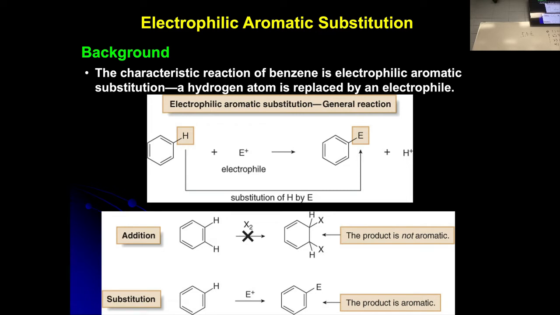Things that want electrons are electrophiles. And so I just gave you that general reaction, right? Benzene ring plus an electrophile reacts to give an electrophile substituted benzene ring, and we're replacing that hydrogen with the electrophile. We know just from the demonstration we just did that addition reactions are not favored in aromatic systems.